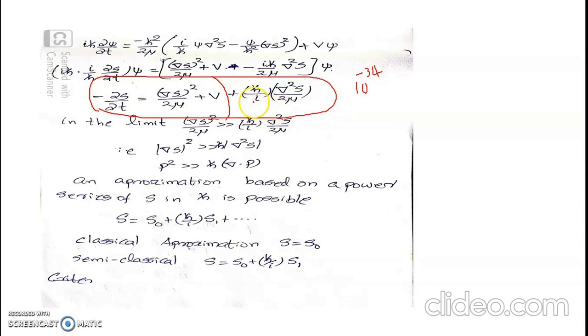And you cannot neglect this term in the case of those systems whose del square S by 2 mu contribution is of the order of h cross. That is particularly important in the case of atomic and subatomic systems, where we most often make use of quantum mechanics. And this concept is nothing new as well.